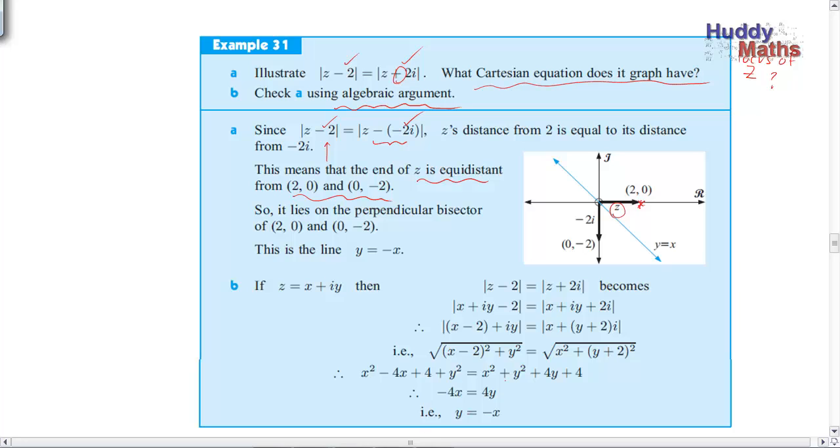Where would that be? Well, it's going to bisect this angle here, isn't it? This is the line where the distance to the 2 points would be equal. So Z's going to lie somewhere between the 2 there, and that is on this line here.